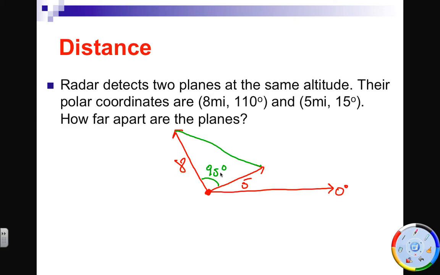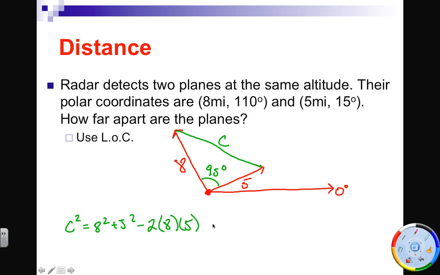That's side angle side. And side angle side says use law of cosines. So if I called this C, C squared is equal to 8 squared plus 5 squared minus 2 times 8 times 5 times the cosine of 95 degrees. And therefore, C is whatever that ends up being.